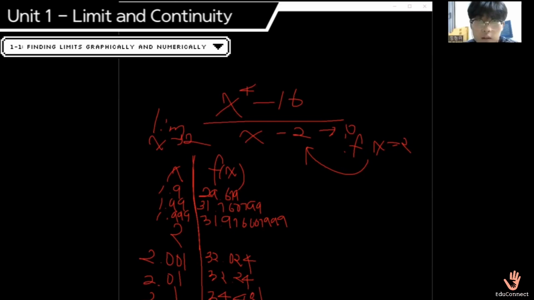So as we get closer and closer to 2, what's the value of the function approaching? Well, I can see that it's getting higher and higher to 32. And in this case, I'm also getting closer and closer to 32 as my x value is getting closer to 2. So we can say that the limit as x approaches 2 of x to the fourth power minus 16 over x minus 2 is equal to 32.